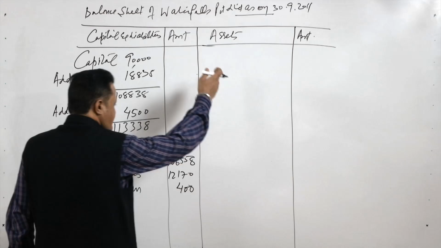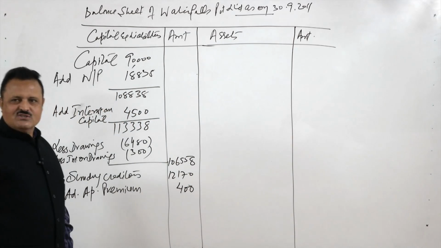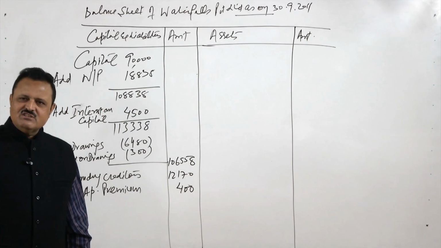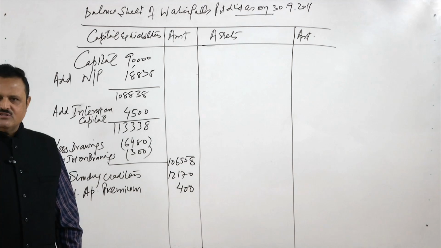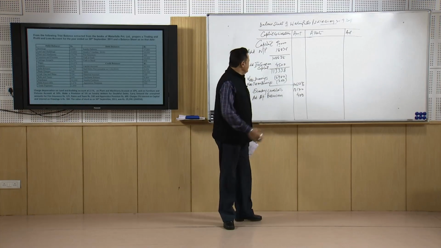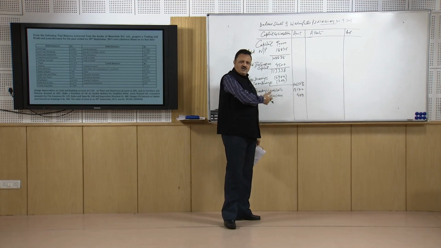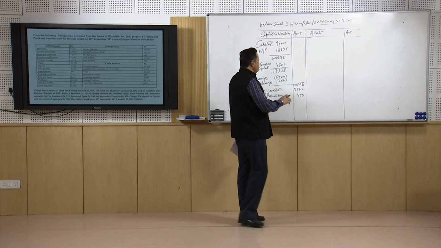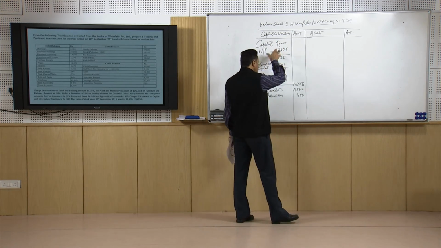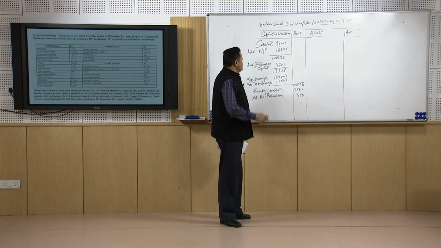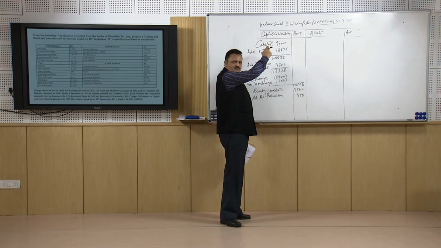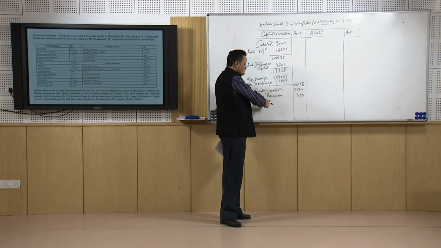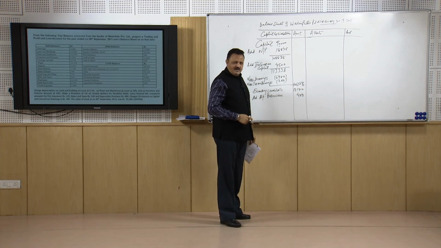When we prepare the balance sheet, the items should be put in either of two ways: in the order of permanence or in the order of liquidity. Permanence means, on the liability side, the long term sources should be put on the top and the short term sources at the lower part.